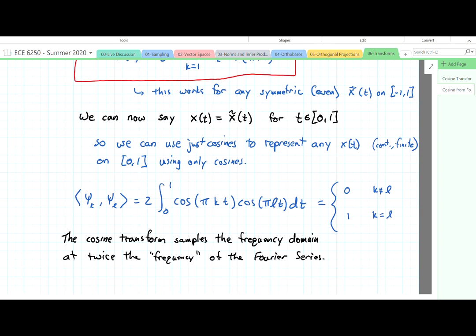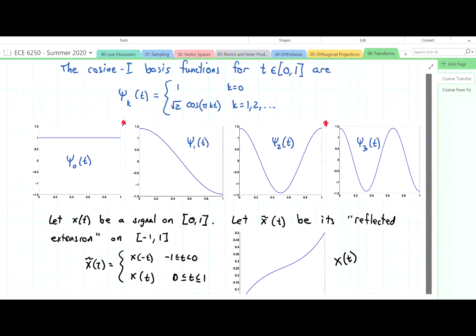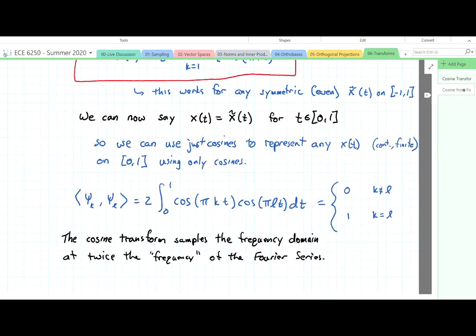In other words, we get twice as many frequency samples as we do with our Fourier series, and that can be seen here. The starred in red basis functions would be associated with the Fourier series, but we have these other ones in between. So we're sampling at more frequencies than the Fourier series. And it turns out that that works to give us a really nice basis function.